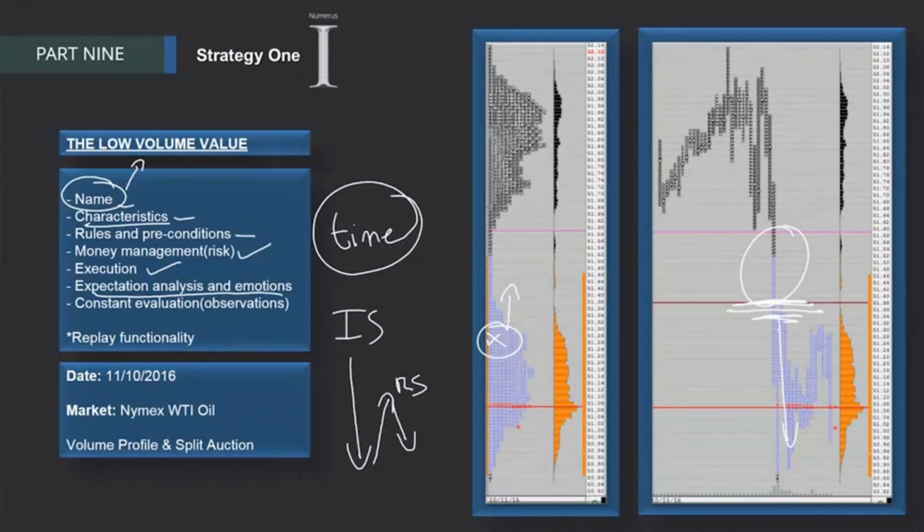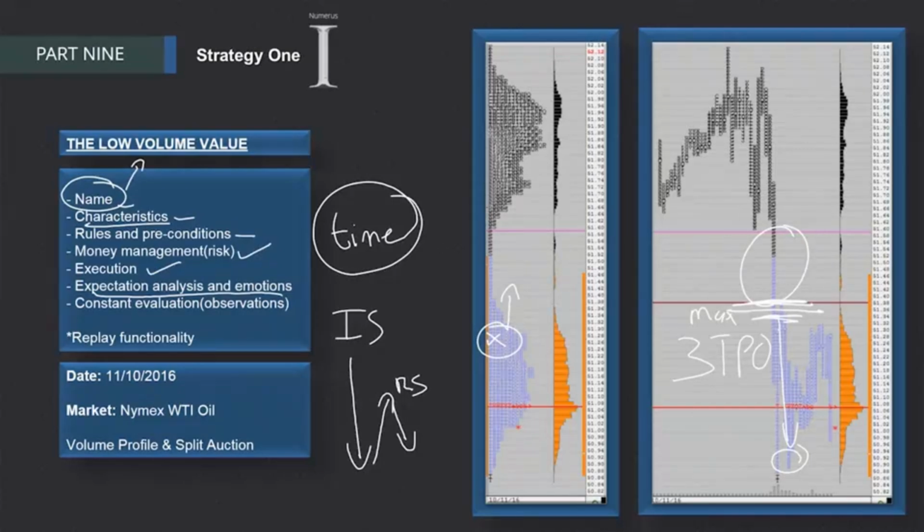So by definition, if we expect strong responsive selling on the first pullback, by the token of time, it shouldn't take that long. So allocate an amount of time. In this instance, I would say a maximum of 3 TPOs in order to complete the distribution move. If it takes more than 3 TPOs, then we exit, because the expectation has not been met.